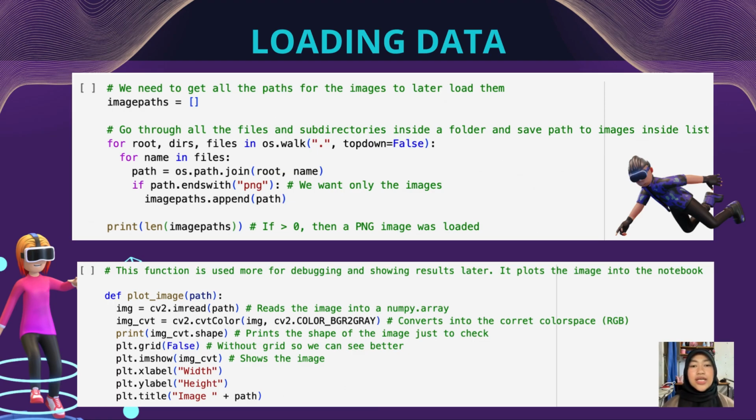It will call the print function to print the dimensions of the image for verification. As you can see here, we disable the grid to enhance the image visibility because we want to see better.